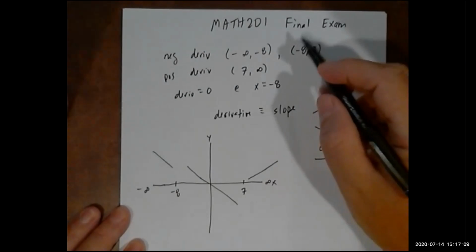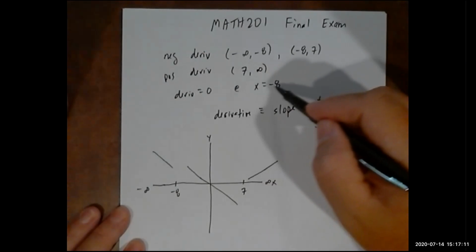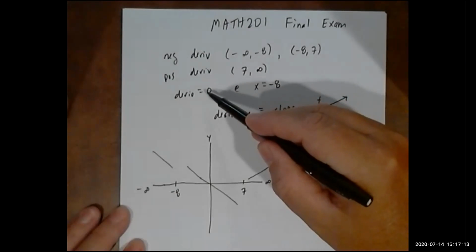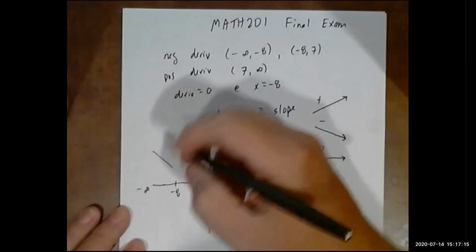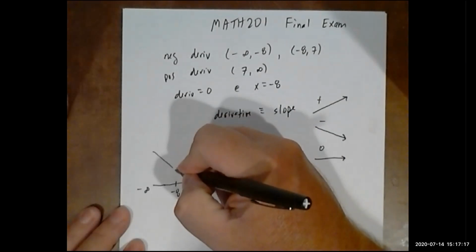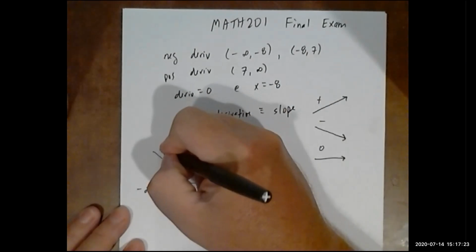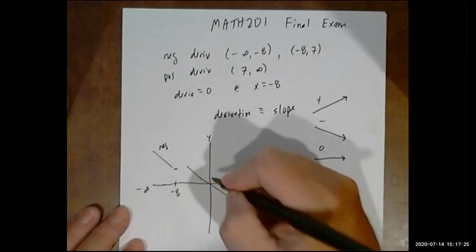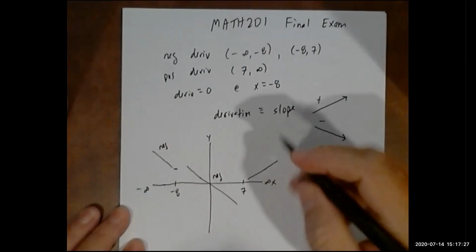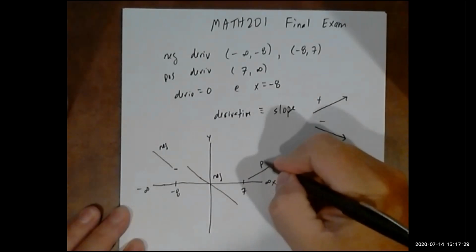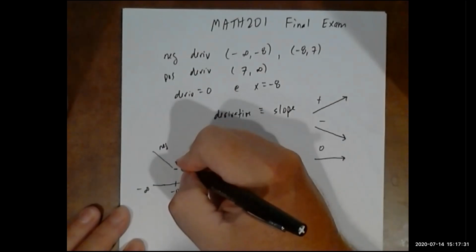And then the last piece of information is that at x equals -8, the derivative is 0. So I go here to -8 and just draw a very short horizontal line. So here's a negative derivative. Here's a negative derivative. Here's a positive derivative. And here the derivative is 0.